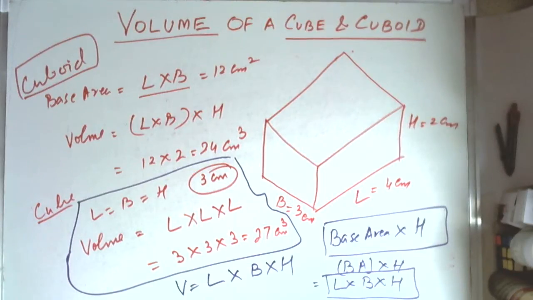So basically what we have learned in this video, we understood what is volume, and we also understood the unit of measure for volume, which is centimeter cube or meter cube, and centimeter cube is also called cc in common layman's term, and 1000 cc is equal to 1 liter. So normally when you buy milk, you buy 1 liter or half liter or 2 liter, whatever the case may be.